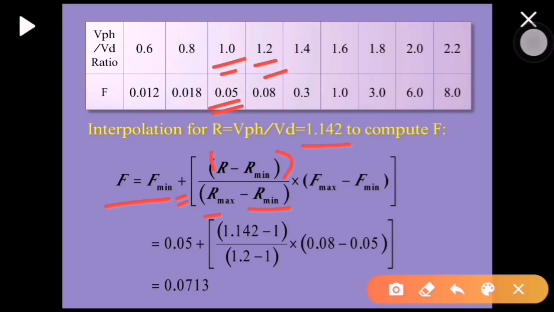And r minimum is the lower band value of r, multiplied by f max minus f min. F max is 0.08 and f min is 0.05. So when you put all the values, you will get f equal to 0.0713. This is the value of f for ratio V phase to Vd equal to 1.142. This is how we can use the interpolation technique to obtain this f.